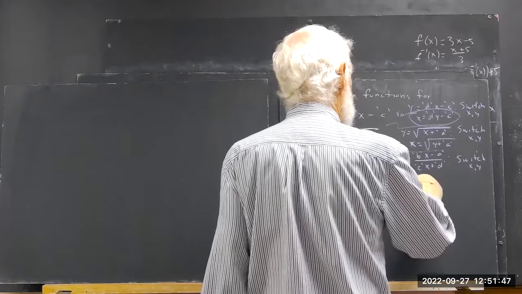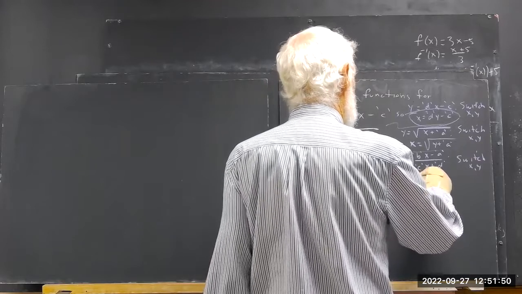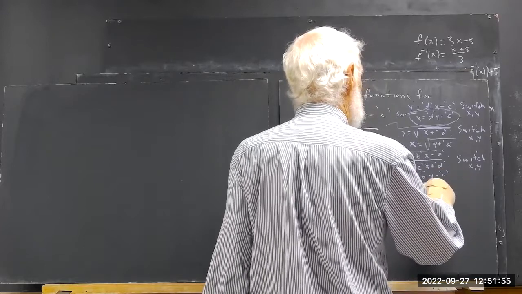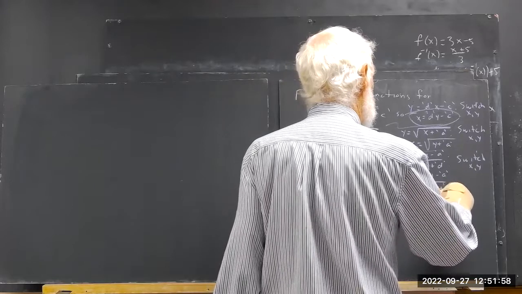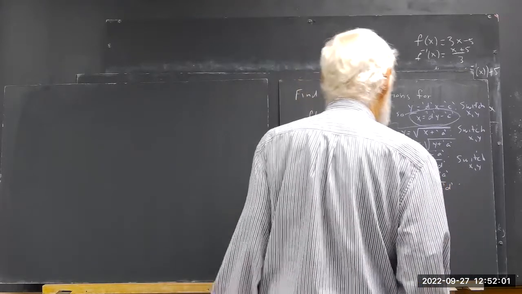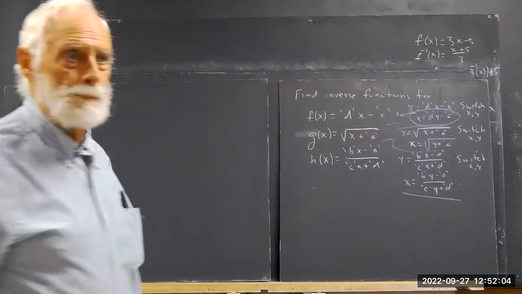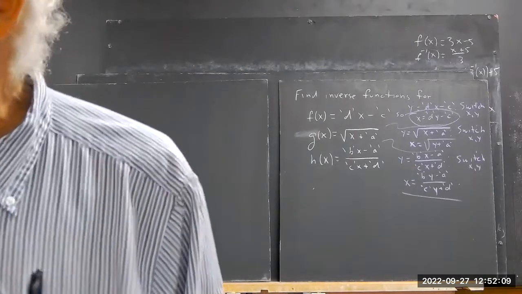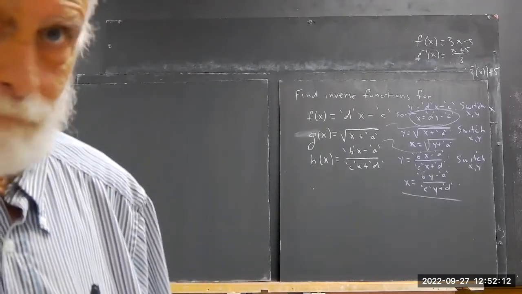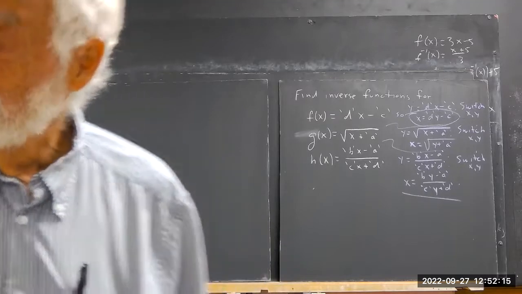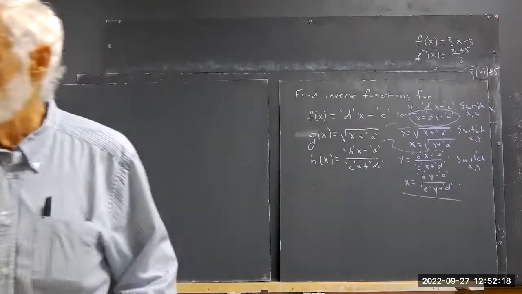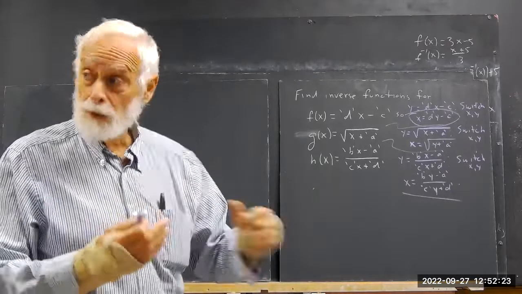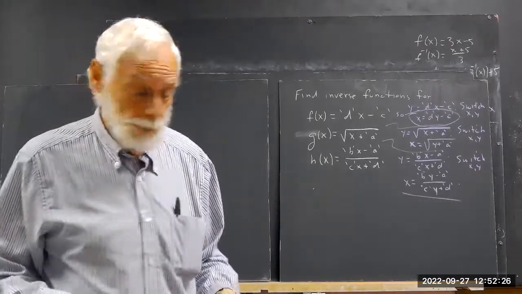Then you get x equals by minus a over cy plus d. Okay. You do exactly the same thing in every situation. You just first of all write it as y equals, and then you make your x's into y's and your y's into x's. And the reason goes right back to what we did when we switched the columns of the graph to get the graph of the inverse function.